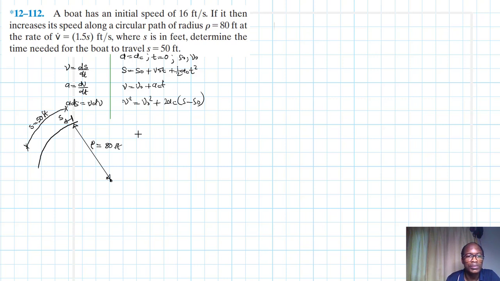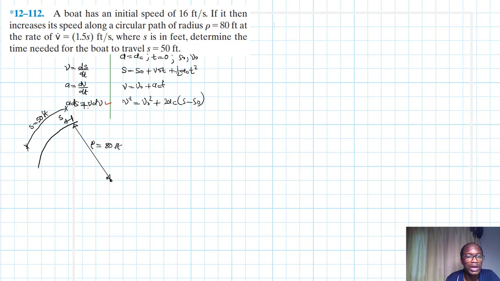So what do we do here? Of course, our acceleration is a function of position. So straight away we are going to go for this equation, and once we use it, we determine velocity, which will be a function of position.